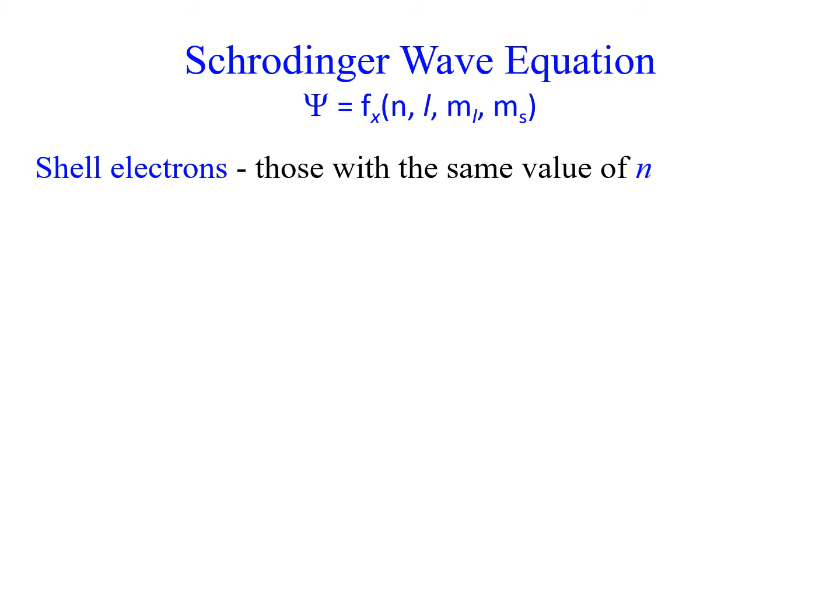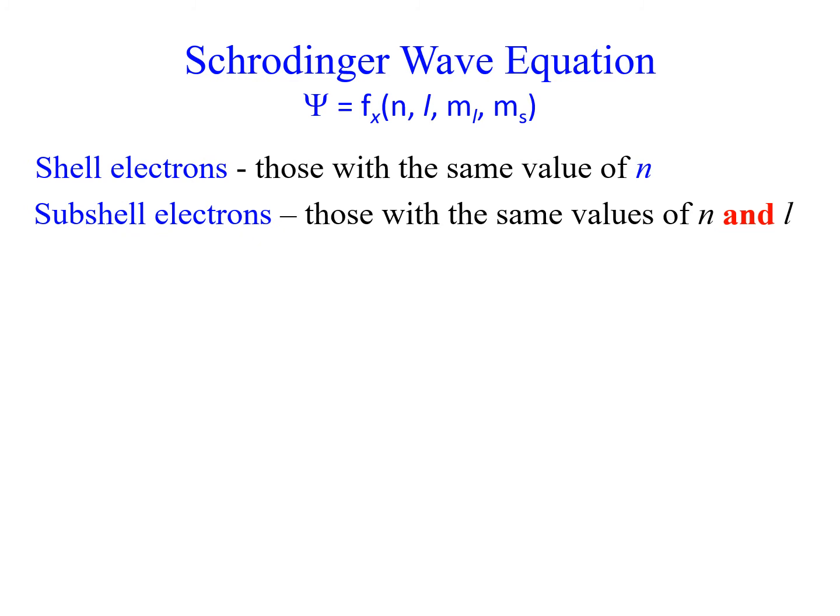They would have the same value of n, that would be 2. Subshell electrons are those with the same value of n and l. If they have the same value of n and l, that means they're within a particular block. They're in an s block or they're in a p block, which describes different orbitals and shapes.